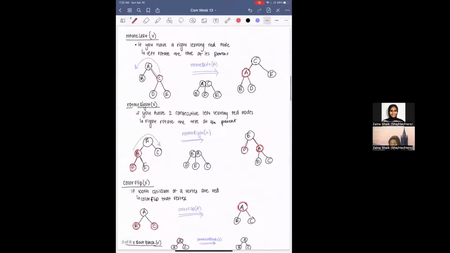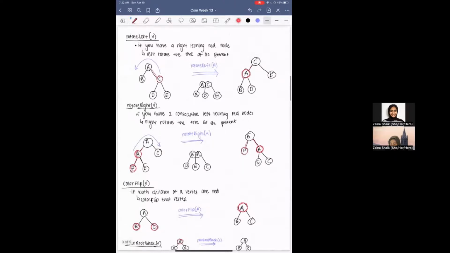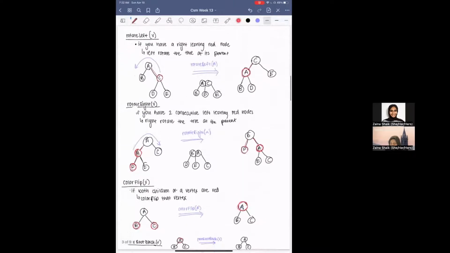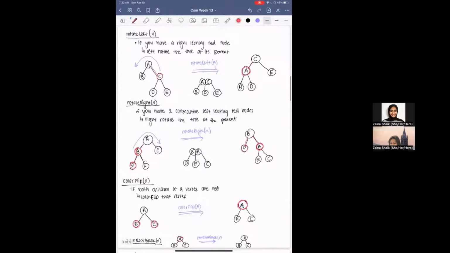You can think of A and C as temporarily joining and then draw out where its children are, and that would make it easier for the next step when A will now move over to the left side, and it'll contain the children B and D.